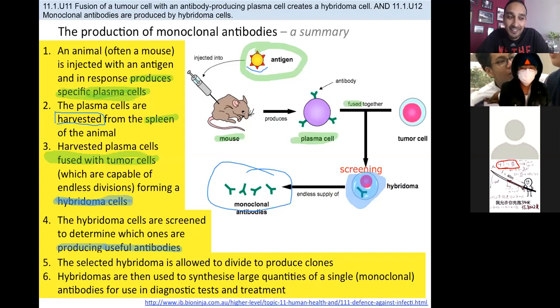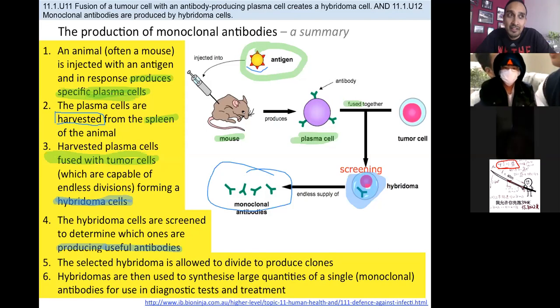Spleen is an organ that's part of the lymphatic system. Oh, great. So you're basically killing the mouse really, really slowly. You don't have to necessarily take the whole spleen. I guess you probably do. To answer your question, Yushan, probably the mouse will die.